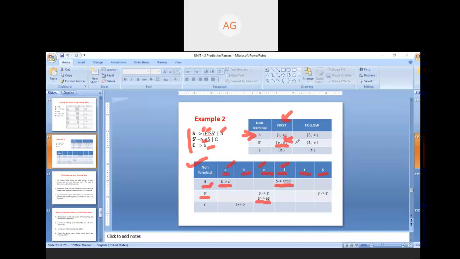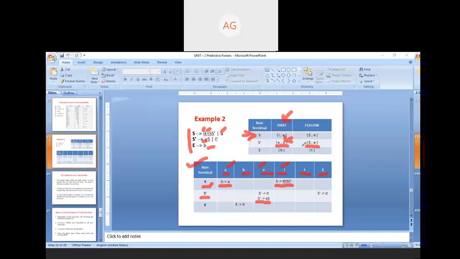Once epsilon occurs in the first set, remember rule number 2 of finding the follow sets: we need to move to the follow of that corresponding non-terminal. Here the follow contains two terminals, dollar and small e, corresponding to S dash.